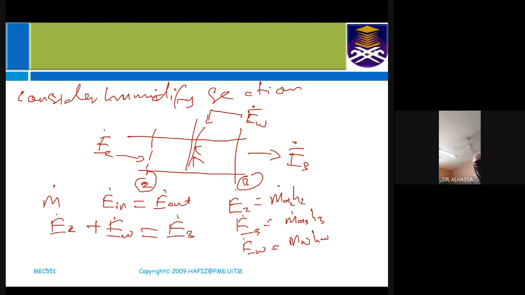Now if I substitute all this into the equation, I will have Ma2 H2 plus MW HW equals Ma3 H3.